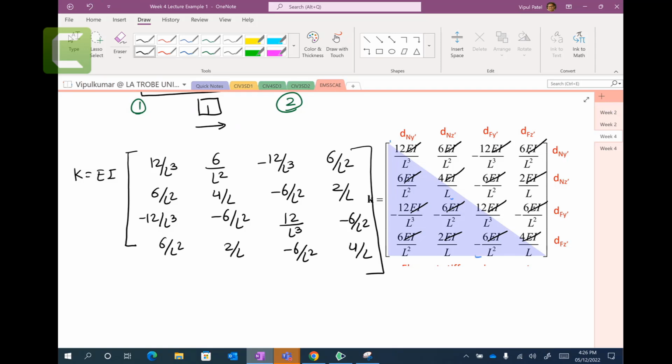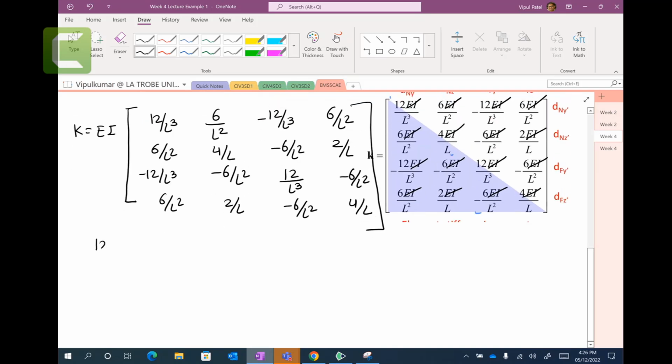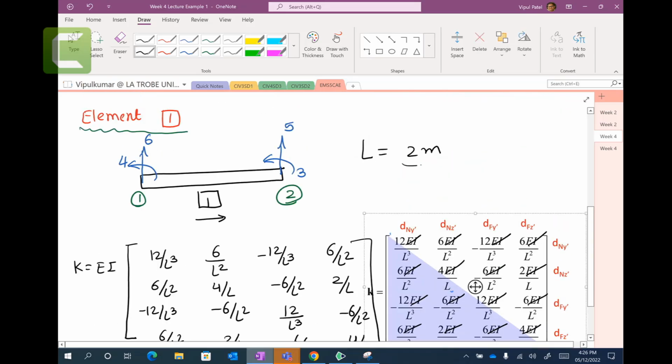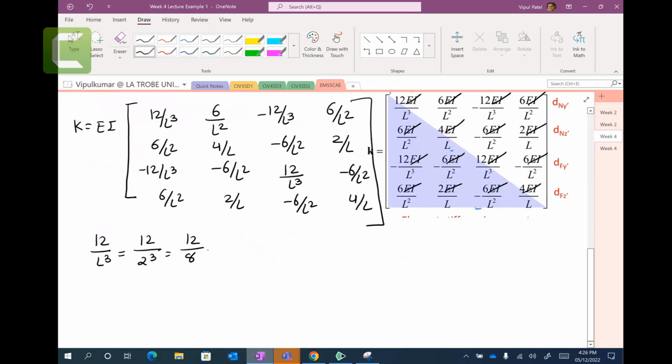Unmute yourself if you don't understand what I did, or any row or column. I put the EI out because EI is common throughout the matrix. So 12 on L cubed: 12 on 2 cubed is 12 on 8. Where is 2 coming from? This is the length of element 1, which is 2 meters. 12 divided by 8 gives me 1.5.